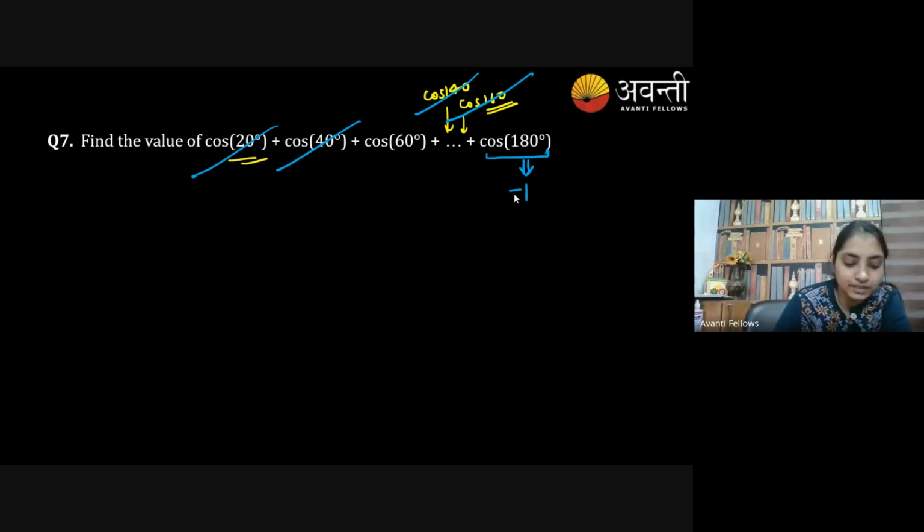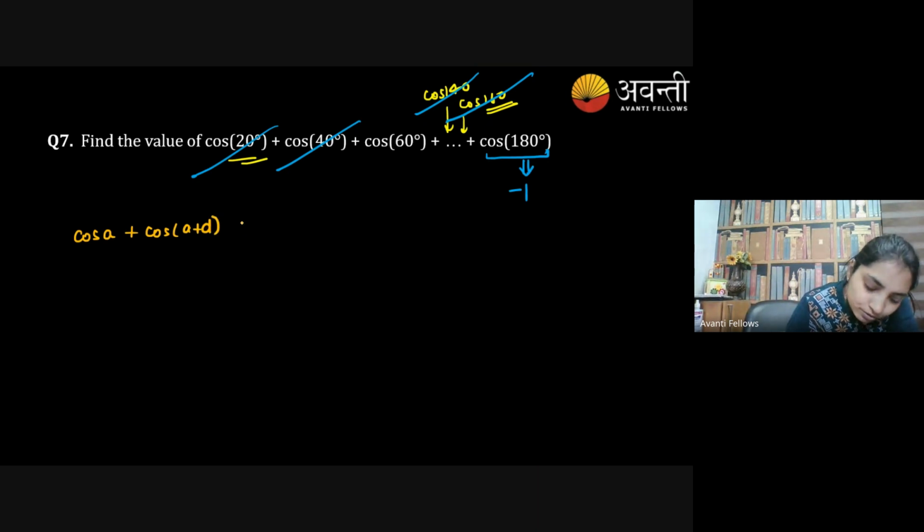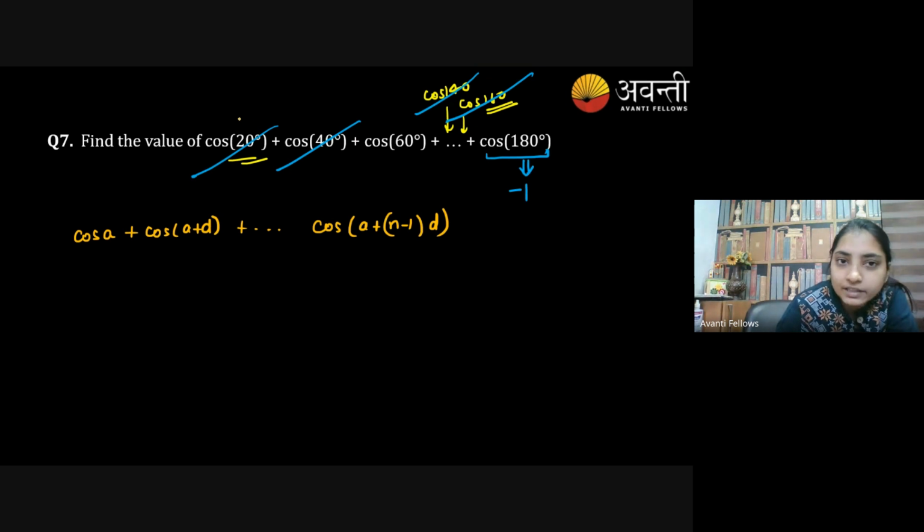Tanisha also asked me at the start of the session how I can apply the series formula. So Tanisha, can you see these angles are in AP? We have a series like cos A plus cos (A + D) and so on, up to cos (A + (n - 1)D). If you start from 20 and end at 180, there are total nine terms.